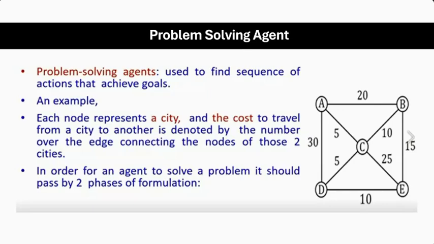This is an example of an undirected route or an edge connecting the nodes of those two cities. So si A ay meron siyang edge kay B, kay C at kay D. Si C naman ay sa lahat. Okay? Si D naman ay kay C at kay A lang. Si D at doon din kay E. Ganon din naman si E kay D, kay C at kay B.